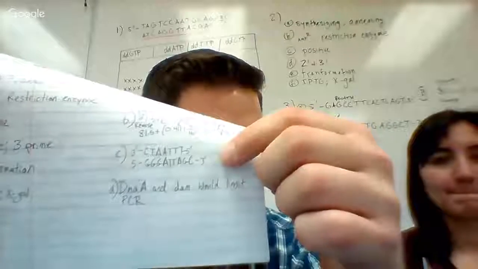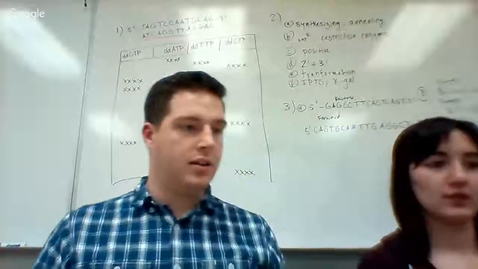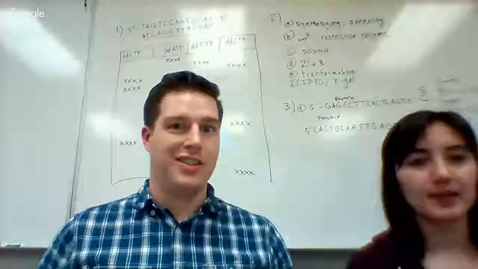As you see, there's only 1 cytosine in each one. This is the case if ddCTP is accidentally included in the PCR experiment. That's the answer to see.